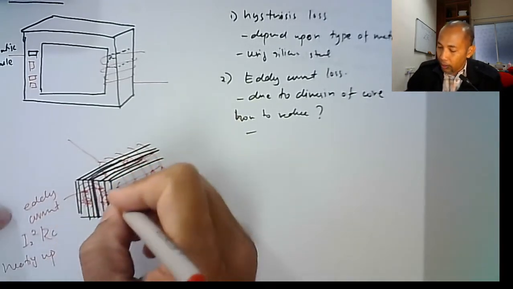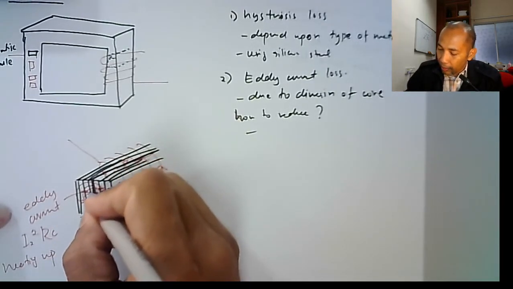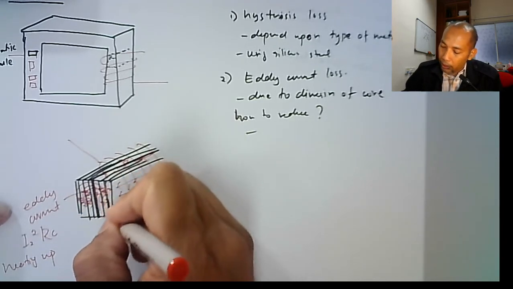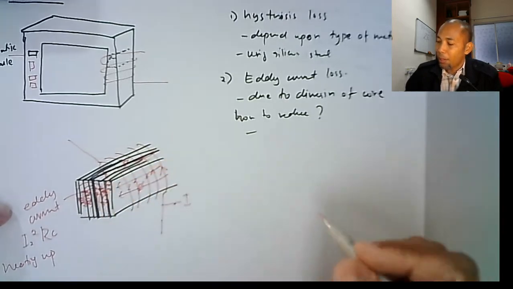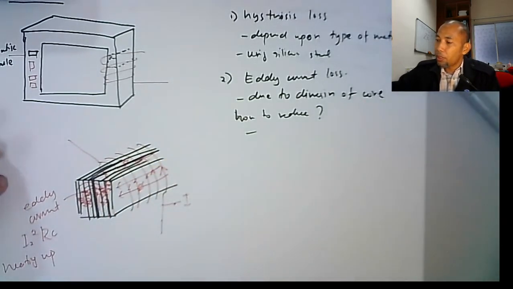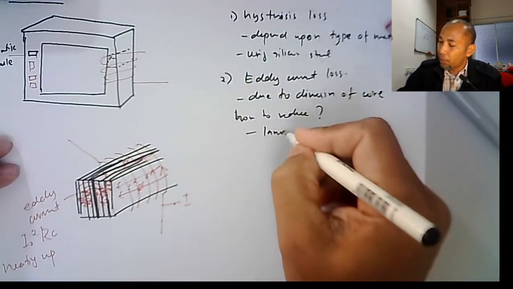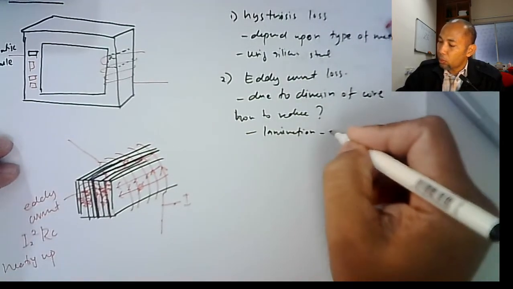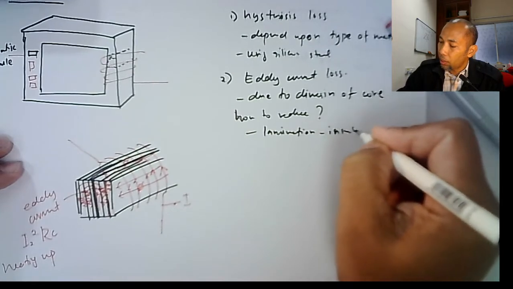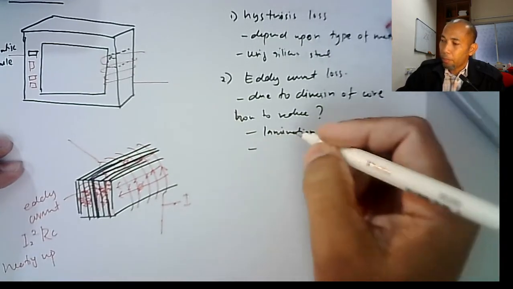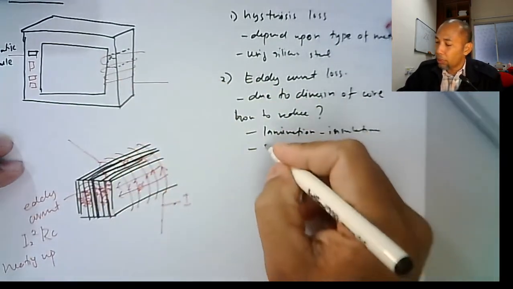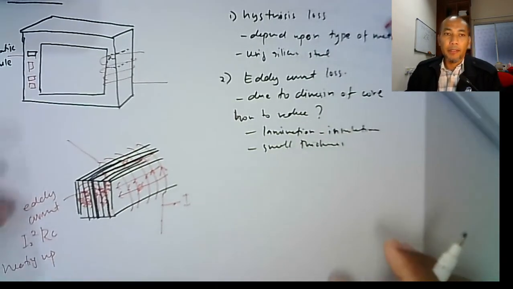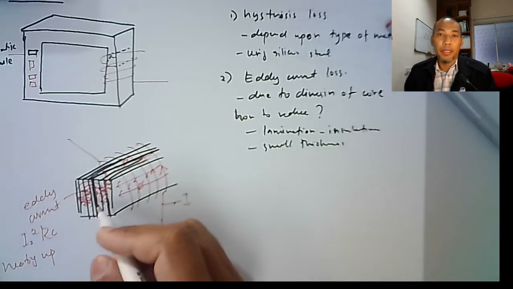Definitely the eddy current will be reduced, because eddy current depends on this dimension. So eddy current will be reduced by lamination or insulation, by splitting into small thickness.